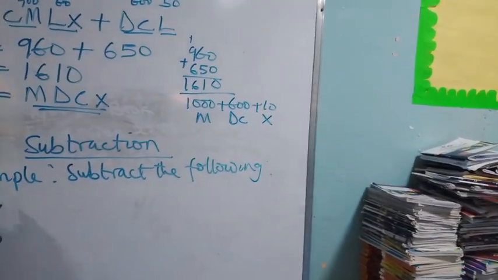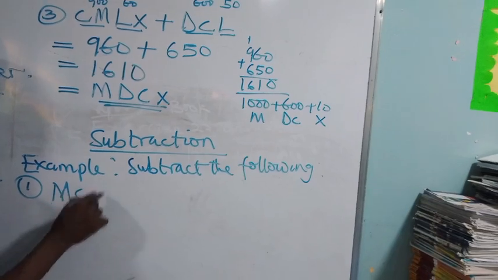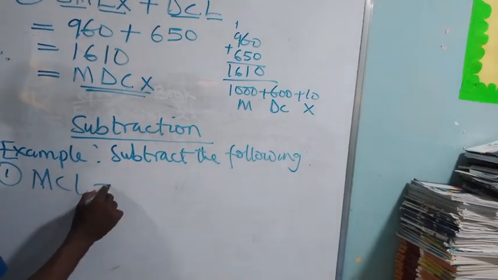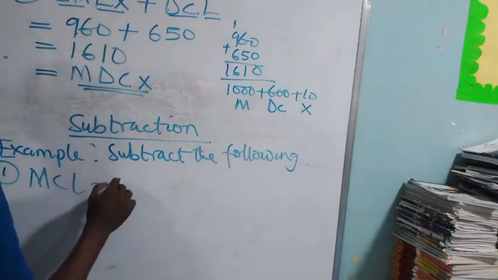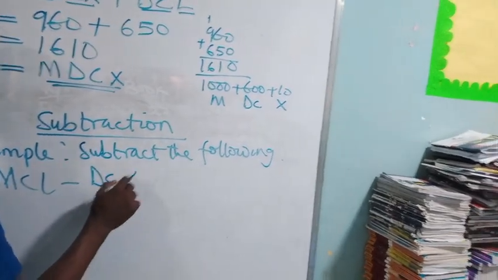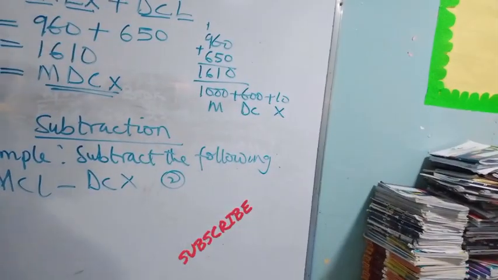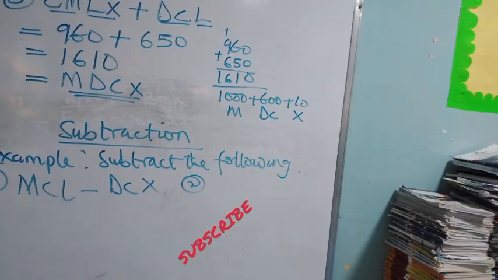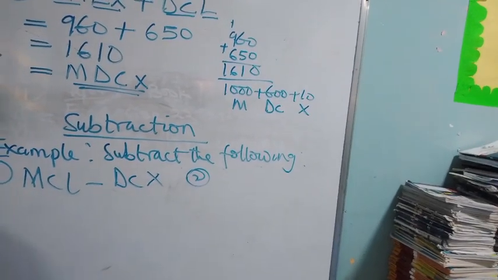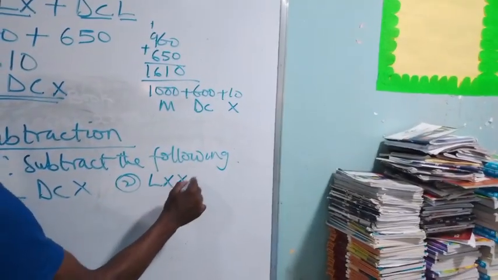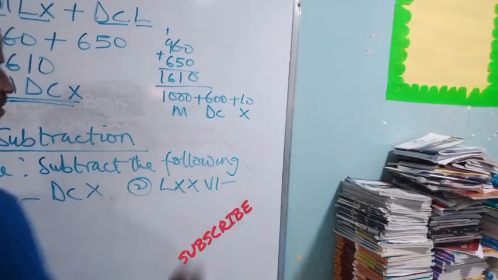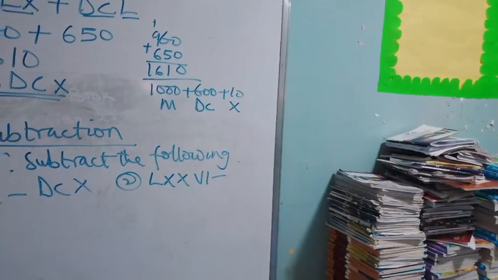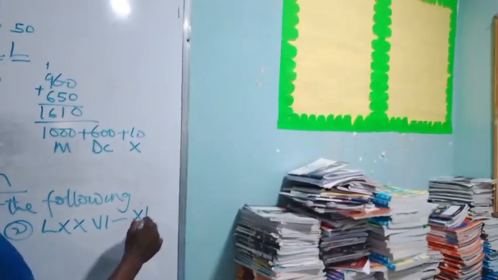Okay, number 1, MCL minus DCX. Question number 2, we have LXXVI minus XLIV.